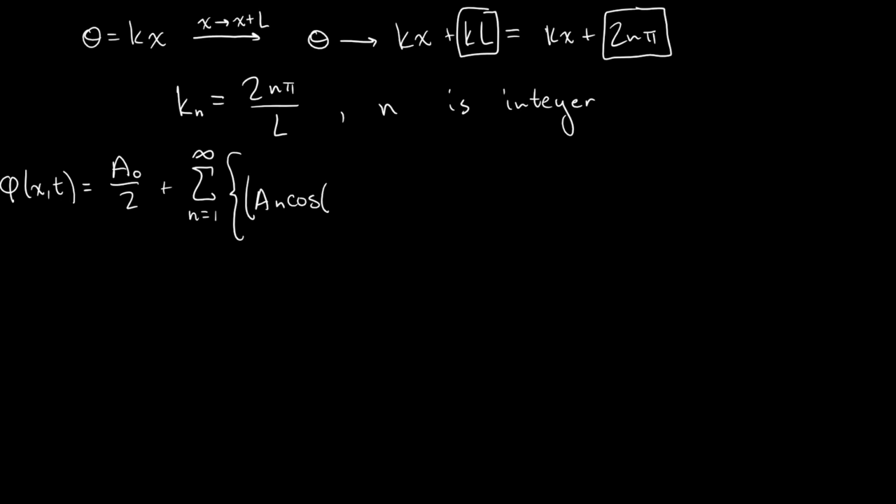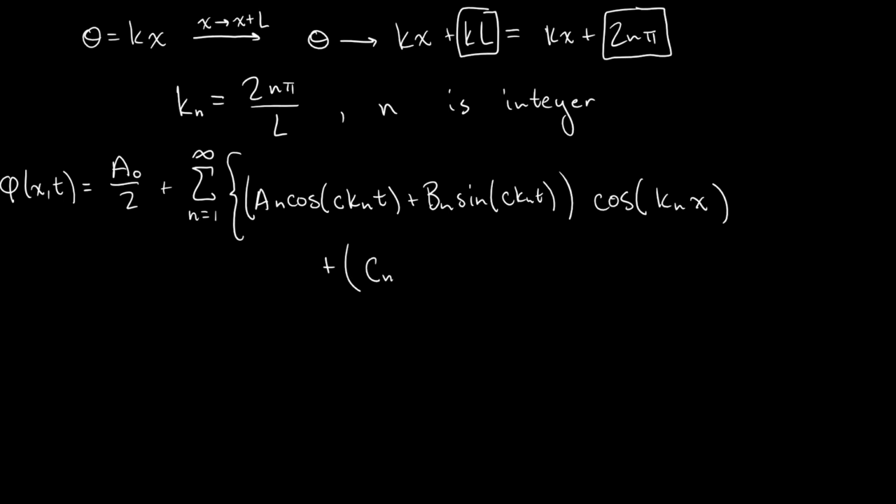Cosine of c k sub n t plus b sub n sine c k sub n t, times cosine k sub n x, plus c cosine c k sub n t plus b sub n sine c k sub n t, times sine k sub n x.